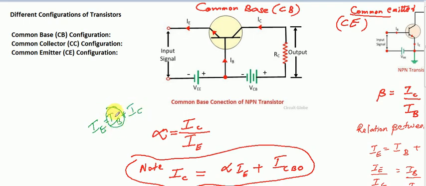This IB is very small because the base region is lightly doped. So IE is almost equal to IC. Therefore, IC divided by IE will give a value close to 0.9 to 0.99. This is the range of current amplification factor in case of a common base configuration of an NPN transistor.